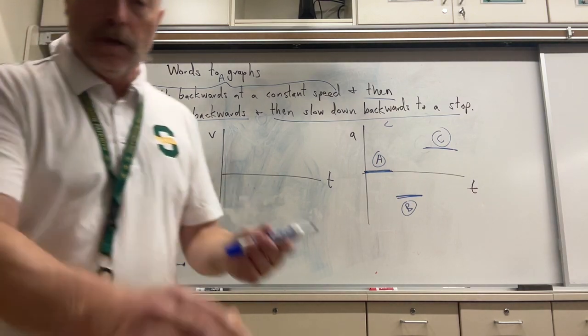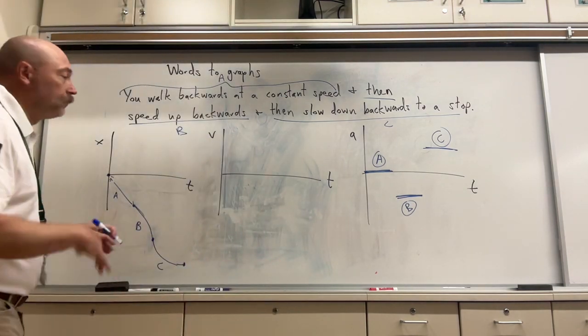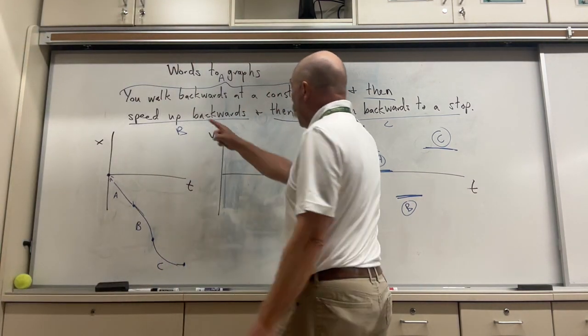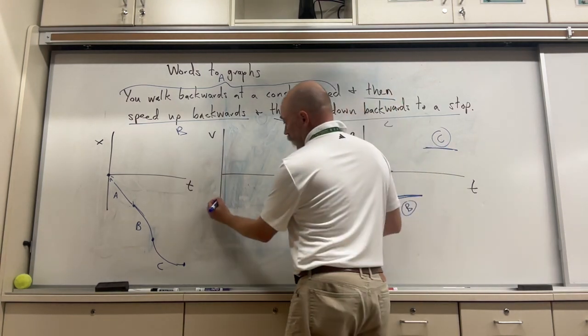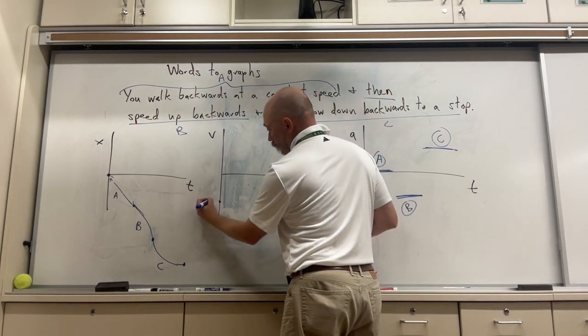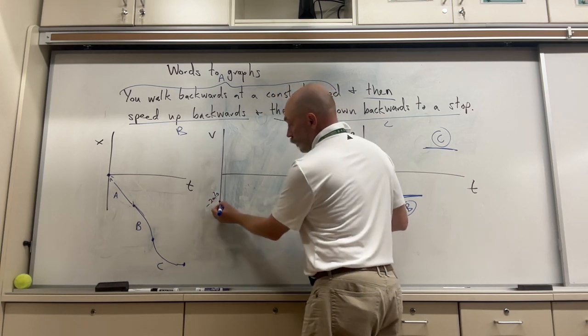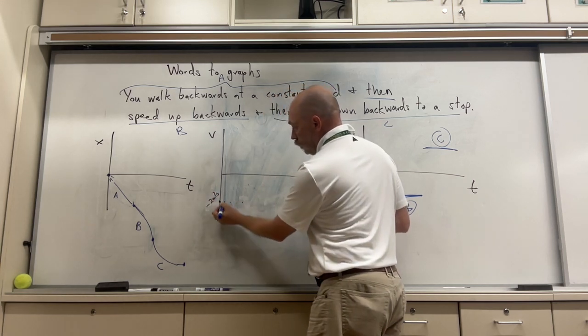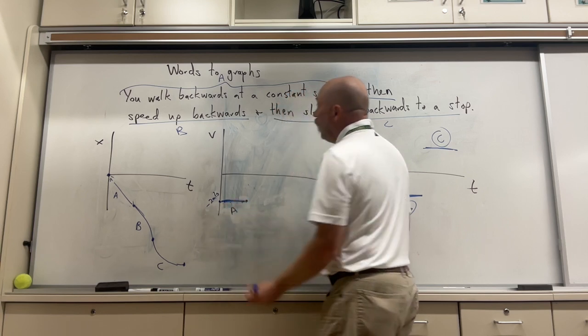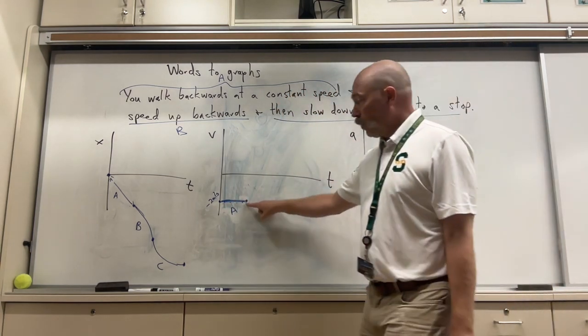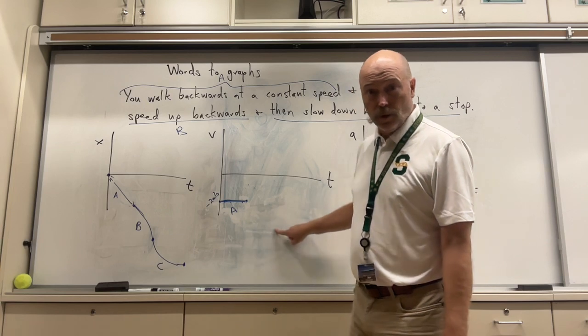Okay. Then if we do our velocity versus time, at the start, I am moving backwards. So I'm moving in negative land, and if I call this negative 2 meters per second, I am negative 2, negative 2, negative 2, negative 2. So there's my part A. Then I speed up backwards, so I want to go from negative 2 to negative 3, negative 4, and so on.